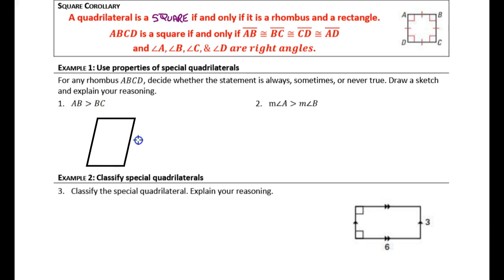First I want to draw my rhombus, and then I'm going to label my vertices. And remember, when you're naming a parallelogram, the vertices go in order. So A, B, C, D. And then the question is, is AB greater than BC?